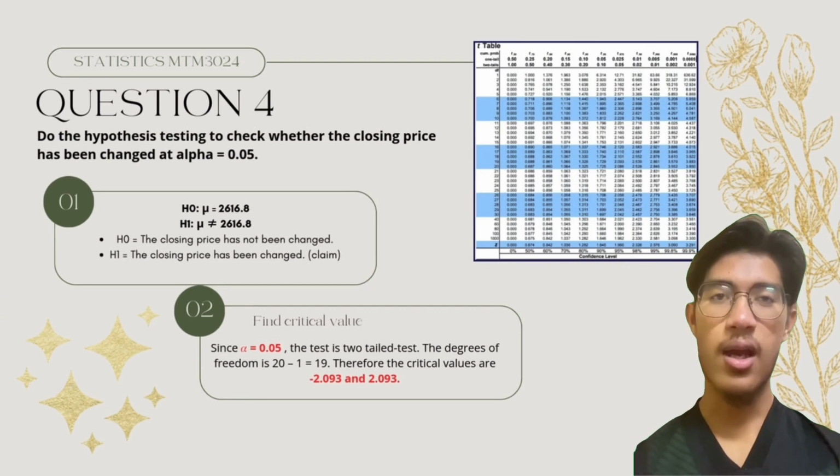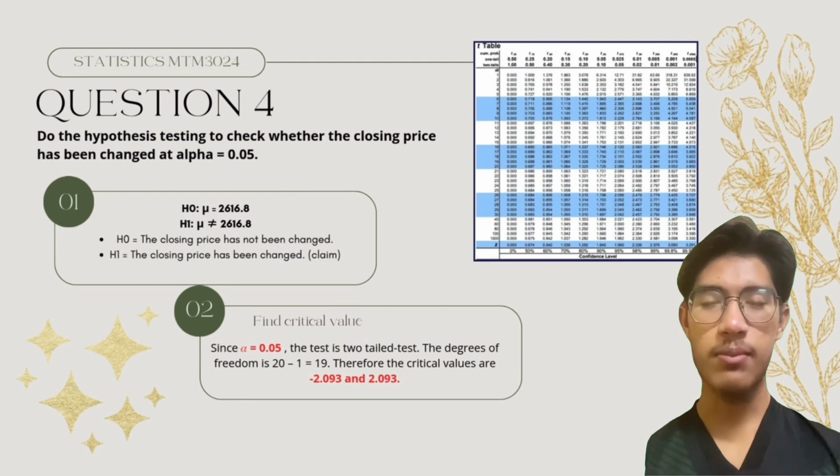After that, we go through the hypothesis statement, which is H null, mu null equal to mu1, and H1, mu null does not equal mu1, which means that the closing price has changed.